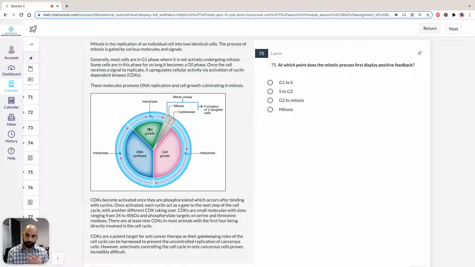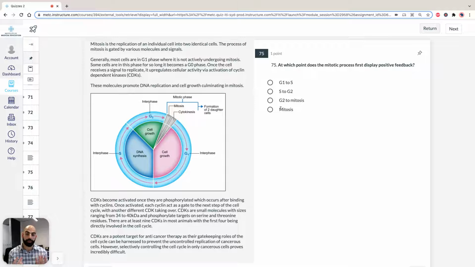So there's this positive feedback once cell growth occurs, then DNA synthesis, then cell growth again, then mitosis and meiosis. There's positive growth occurring right from the beginning, from interphase all the way through to mitosis, and we're told this in the stimulus. So if the question asks when the positive feedback first occurs, it can't be mitosis, because mitosis occurs after interphase.